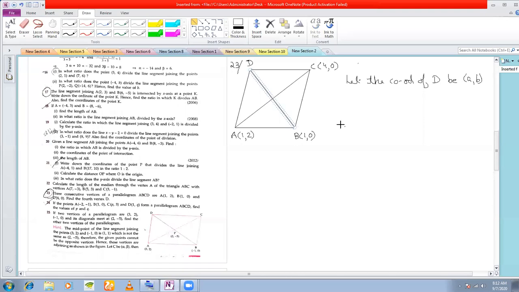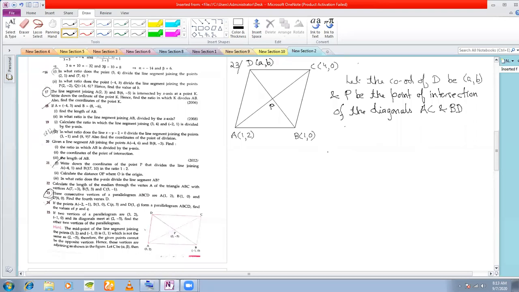Let us call the point of intersection of the diagonals to be P. So we say let the coordinates of D be (a, b) and P be the point of intersection of the diagonals AC and BD.